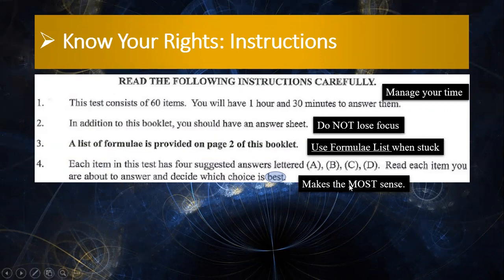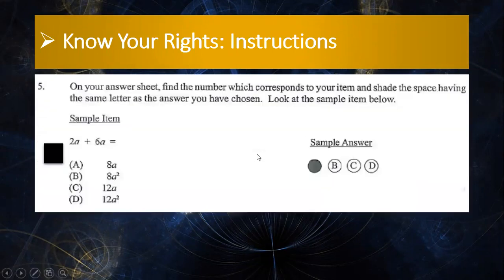Sometimes you may find 2 answers close to each other, but you have to use your reasoning skills and sometimes your mathematical skills to see which answer makes most sense. So in doing multiple choice, you are always to look for the best answer among all the others. Always remember that. And we'll see how this comes into play as well.